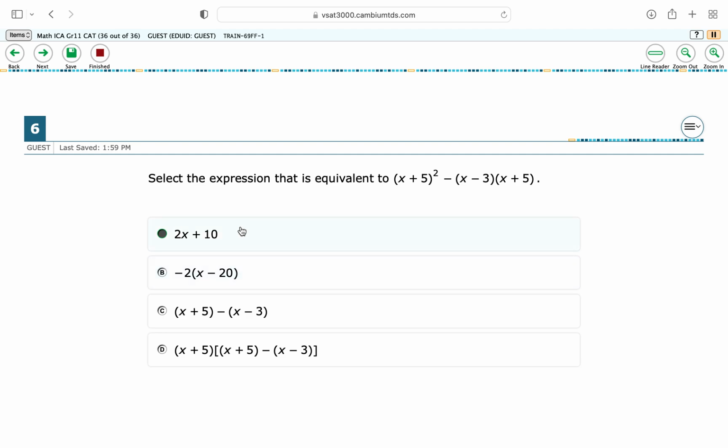But if you don't get one of these answers and you have this more complicated thing, maybe try starting here and working back to that. So this means to multiply x plus 5 times x plus 5 and x plus 5 times x minus 3. Well, that's exactly what's here. This means x plus 5 times x plus 5. And this means x plus 5 times x minus 3.